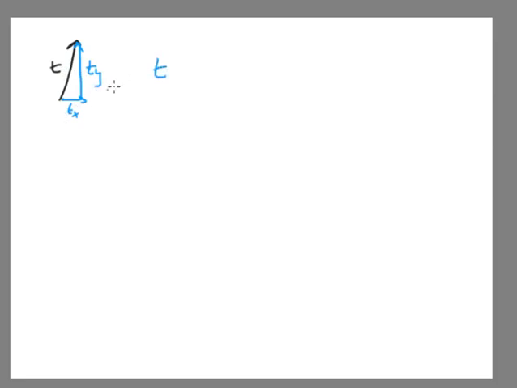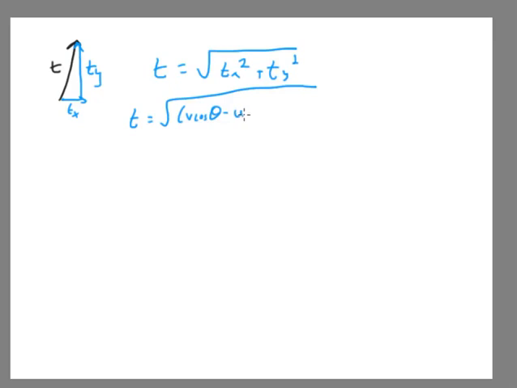From trig, t is equal to the square root of t of x squared plus t of y squared. So in our case, t equals the square root of v cosine theta minus u cosine alpha, squared, plus v sine theta plus u sine alpha, all that squared. So this is the magnitude.